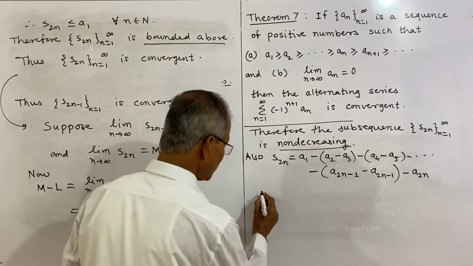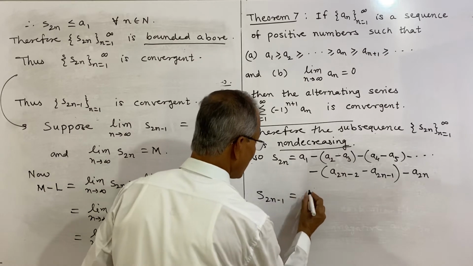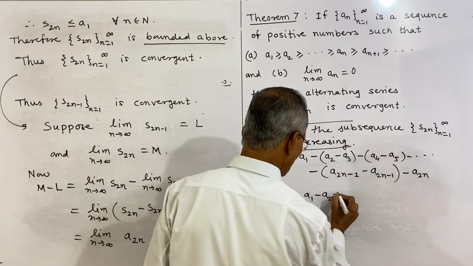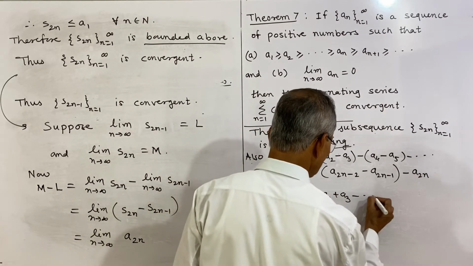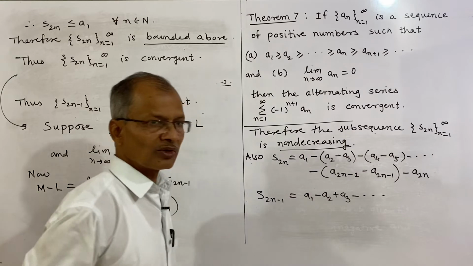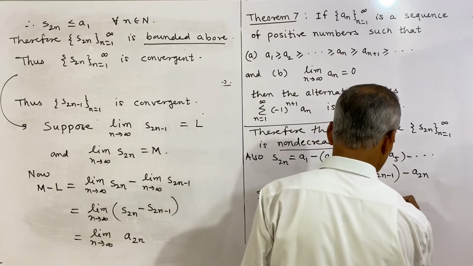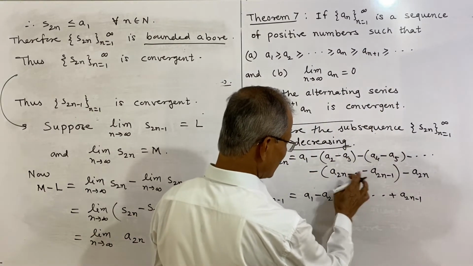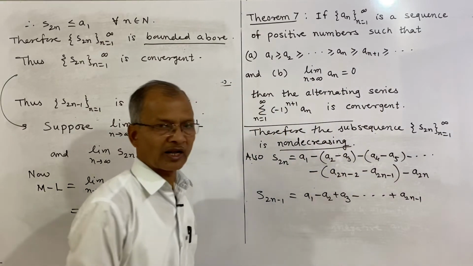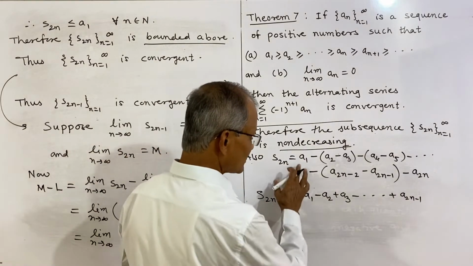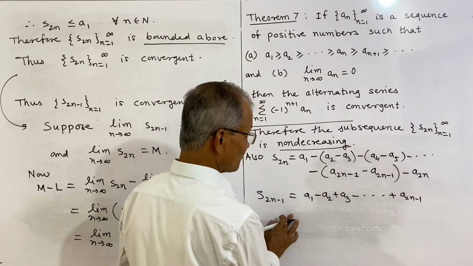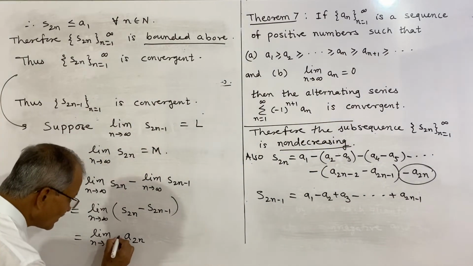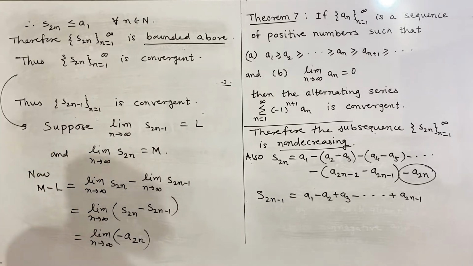We will see here, that will be a1 minus a2 plus a3 and so on, and the last is a2n minus 1, that is a positive term. So in the subtraction these terms cancel. So this is actually positive, but we have written in brackets, and therefore the difference of these two will give the last term, minus a2n.